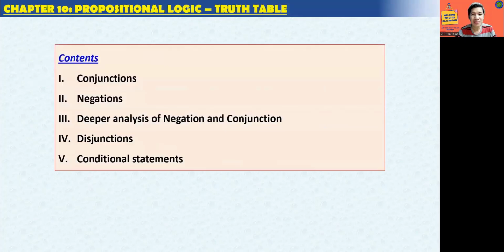Now, we'll study in this lesson five issues: conjunctions, negations, deeper analysis of negation and conjunction. It means more complicated cases. And the last two, we have disjunctions and conditional statements.